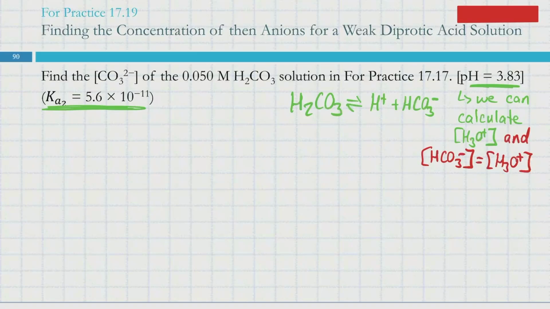So that's cool. Love that for us. So we'll do 10 to the minus pH. We do 10 to the minus 3.83. Get a value of 1.47911 times 10 to the minus 4 molar.